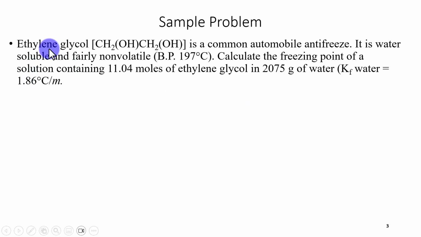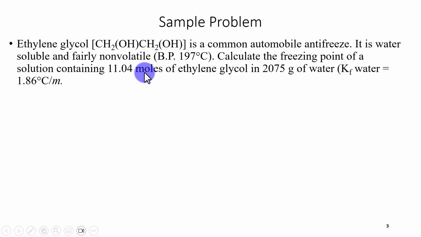Here's a sample problem. We have ethylene glycol, which is an antifreeze in our automobiles. We'll calculate the freezing point of a solution that contains this many moles of ethylene glycol in this many grams of water. First, you will need to calculate the molality.